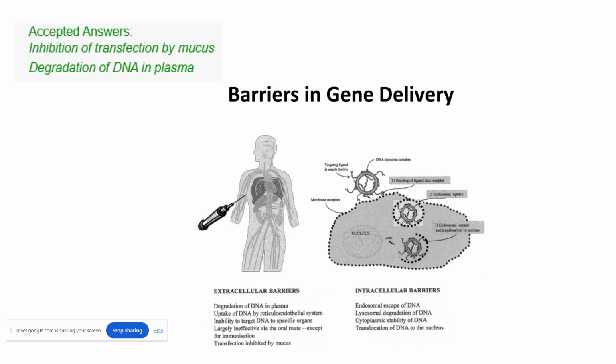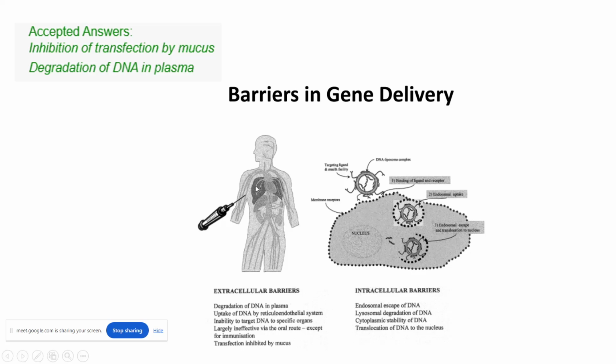Inhibition of transfection by mucus and degradation of DNA in plasma. So these are extracellular barriers. So here gene delivery is basically you are either using some vectors or particles. If they get trapped by this mucus, it will prevent the transfection of them and uptake into cells, and then if delivered into the system, it can also get degraded in the plasma.